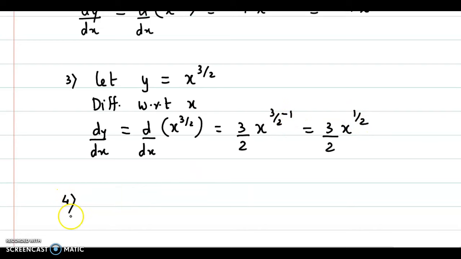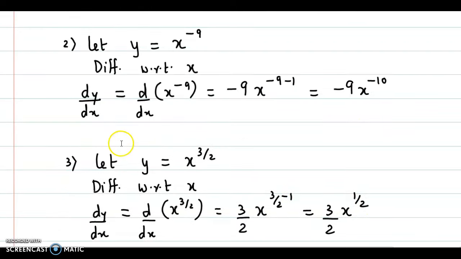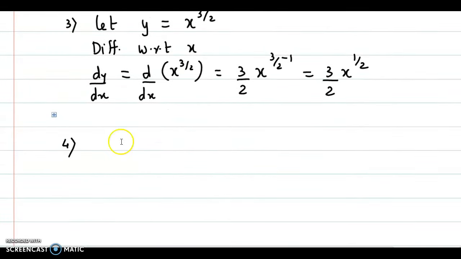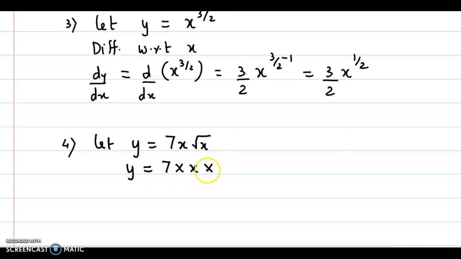Let's look at the fourth one. The fourth function here is 7x root x. Again we say let y be equal to 7 into x into root x. Before applying the derivative, we simplify this. It can be written as 7 into x into x raised to half. Here the power of the first x is 1.